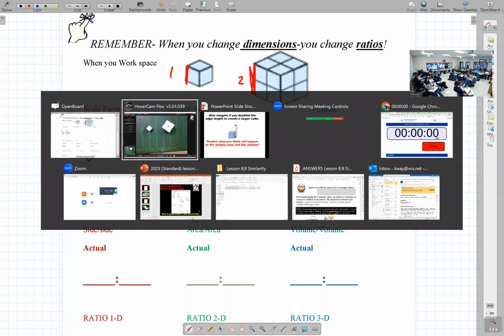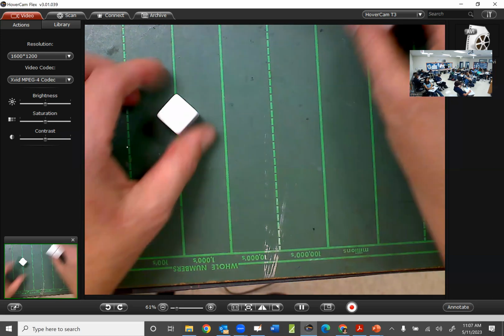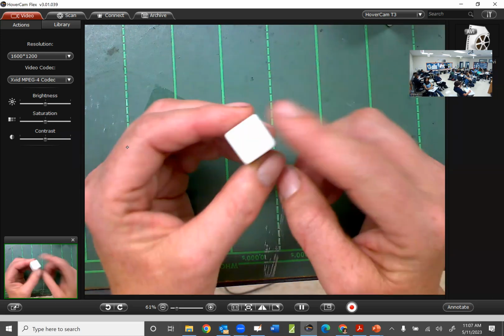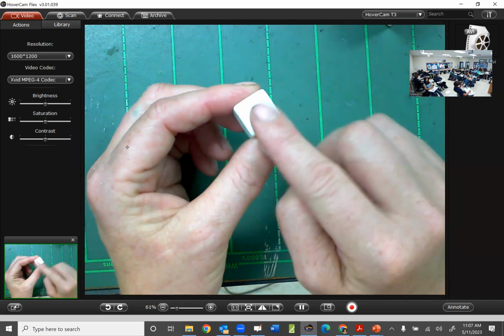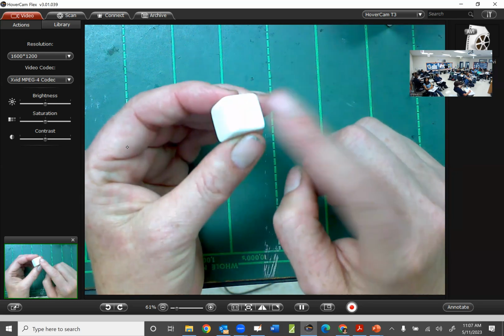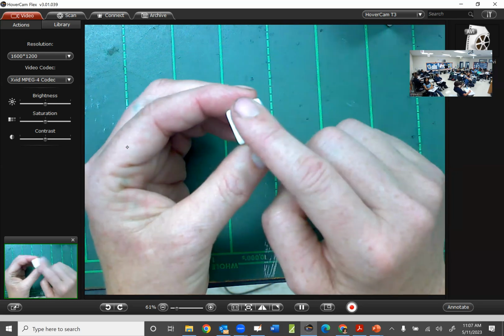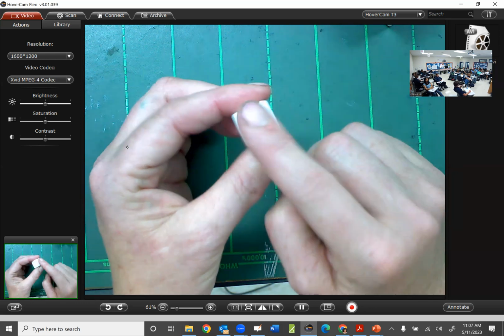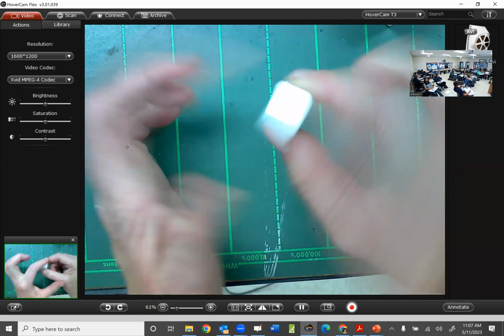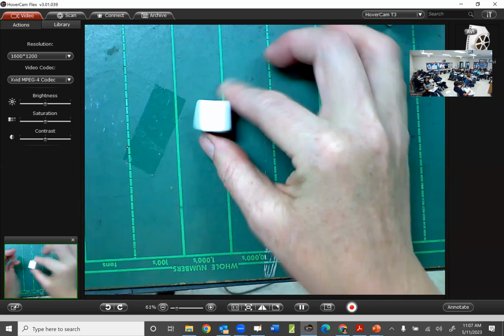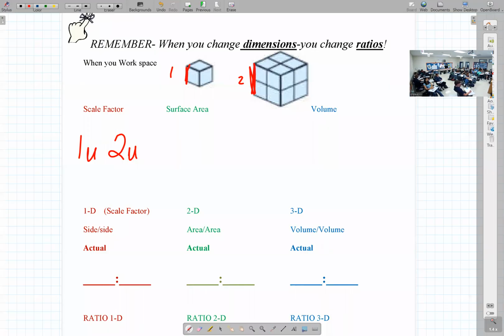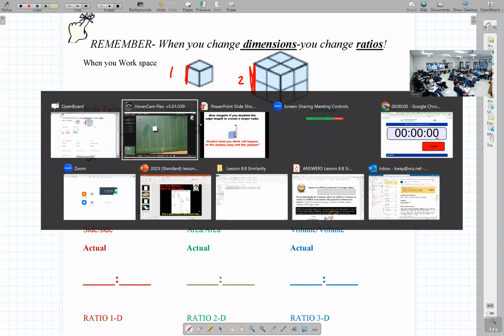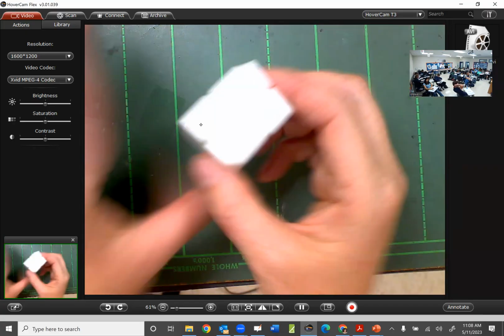Okay, now I'm just going to rotate them and we're going to count surface area. Surface area, the number of squares. So watch, ready? Let's count. How many squares total? 6. All right, so that goes here. We have 6 units squared. Now let's do the big one. Ready?